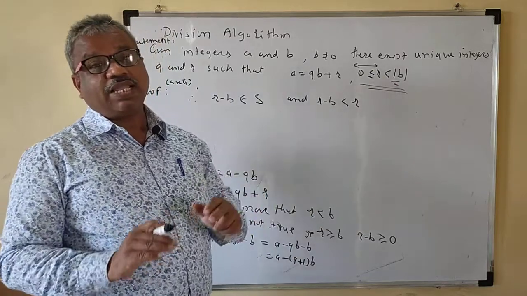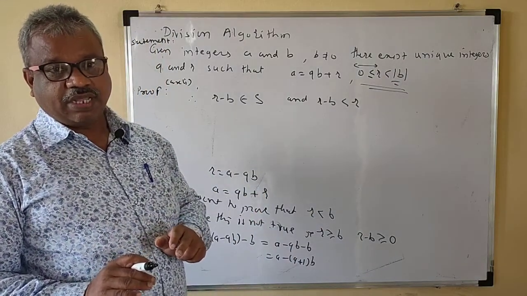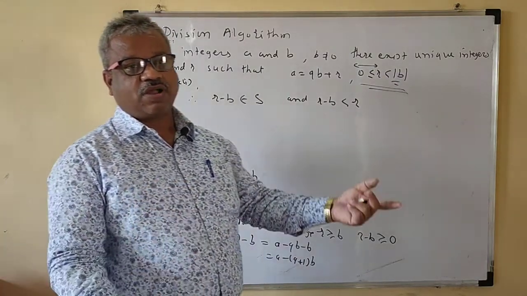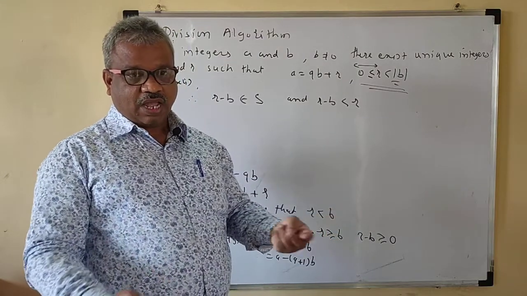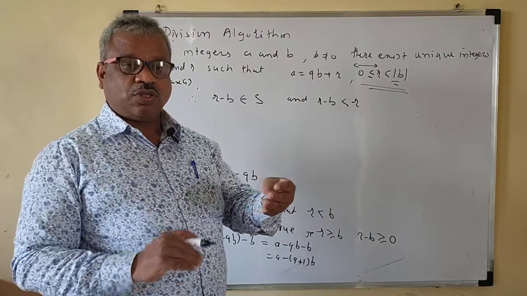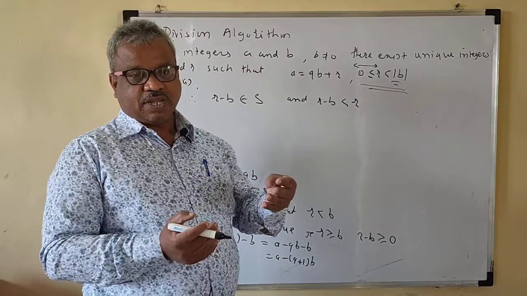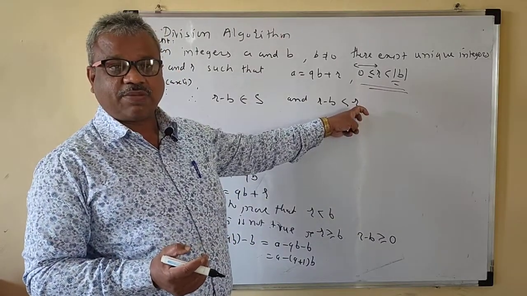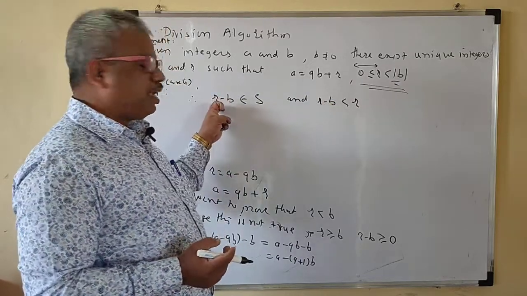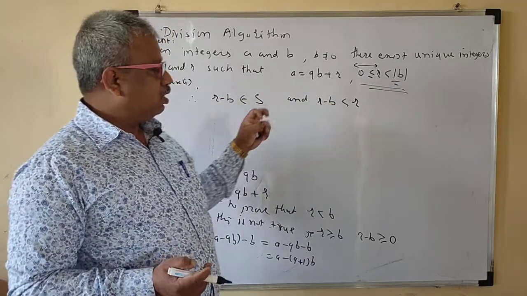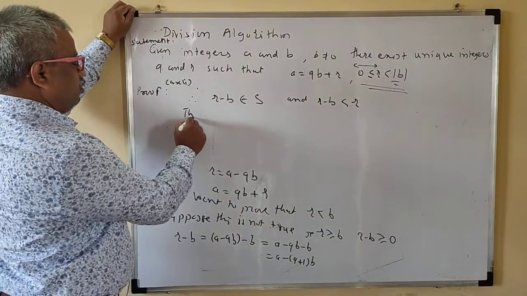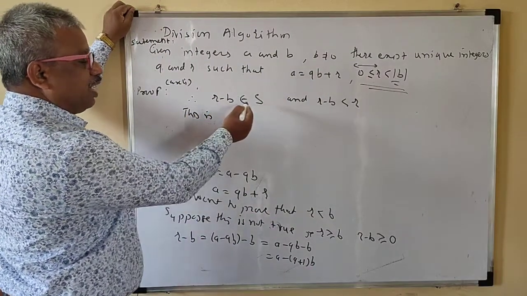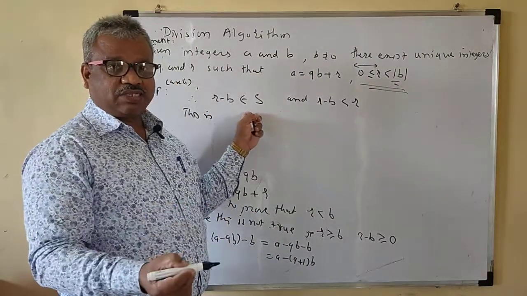That means no number less than r is an element of S. But r minus b is smaller than r and it is an element of S, while we are saying that r is the smallest element. This is a contradiction.